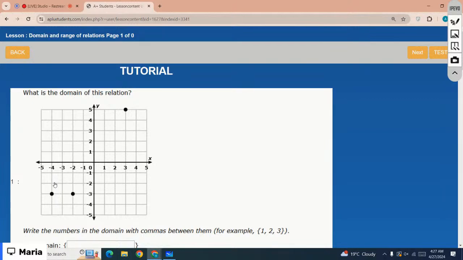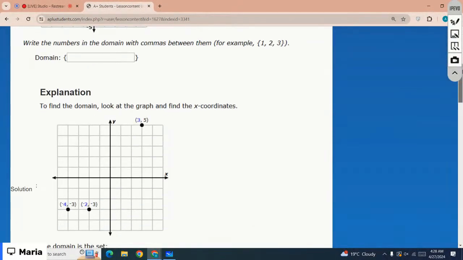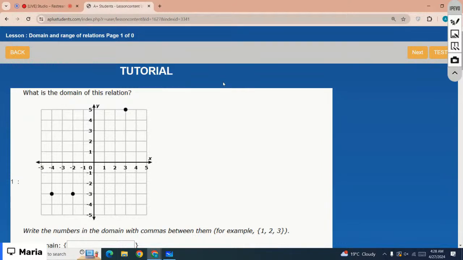Domain is all the x values in a function. Okay, so write the numbers in the domain. Domain is the x values and range are the y values. So just write down the x values.